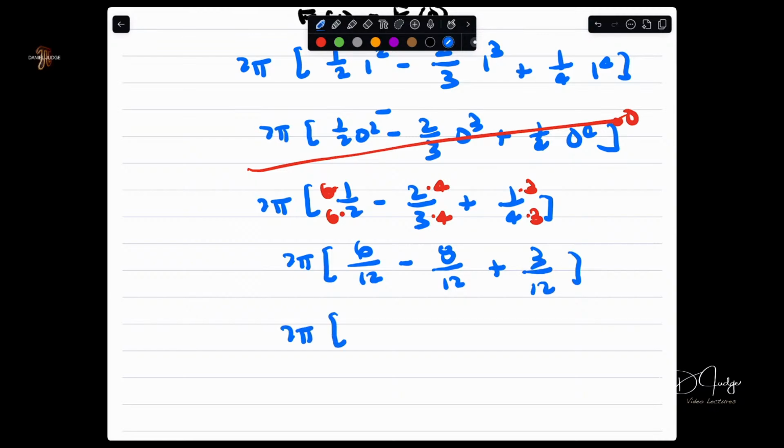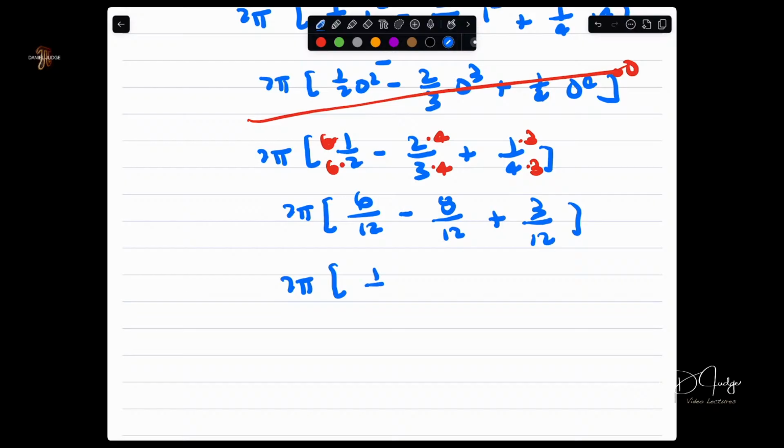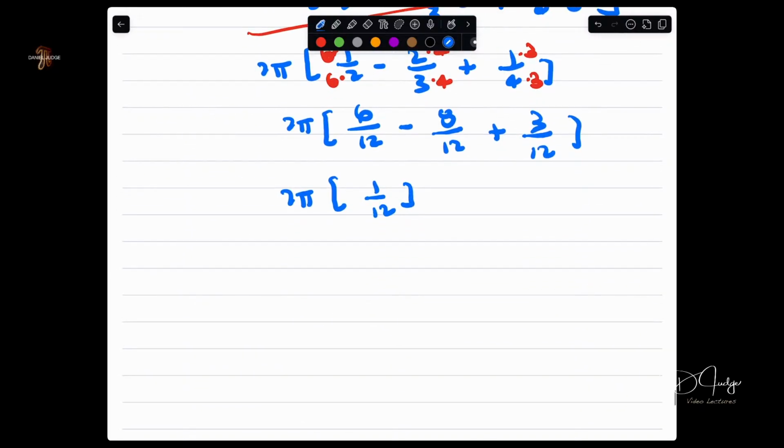Let's do some arithmetic. 6 minus 8 is -2, plus 3 is 1, so it looks like it would be 1/12. Looks like your final answer is pi over 6. It's nice that it works out to some sort of elegant solution here, but that's what I get.